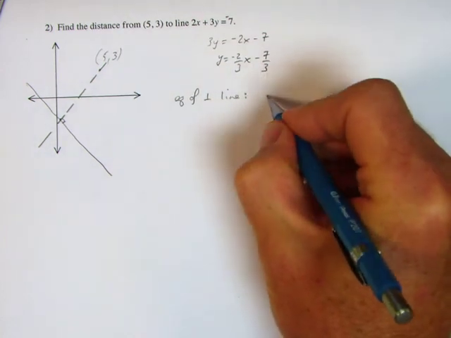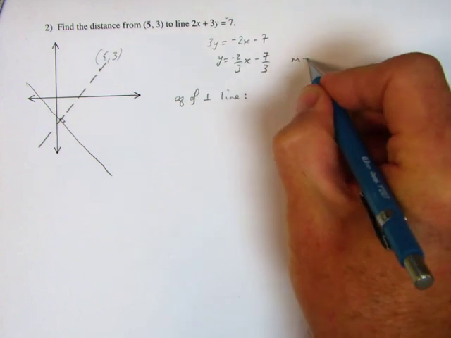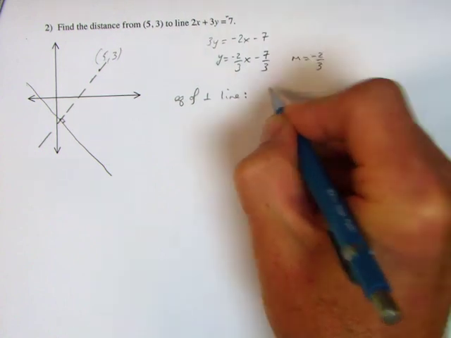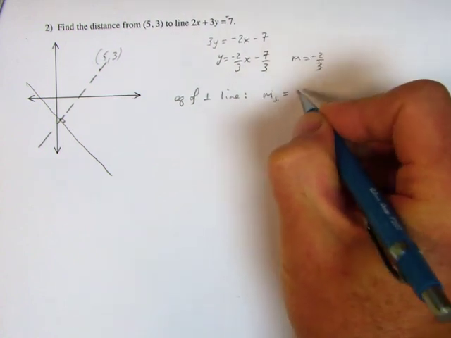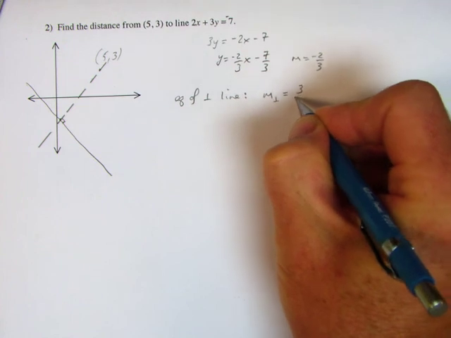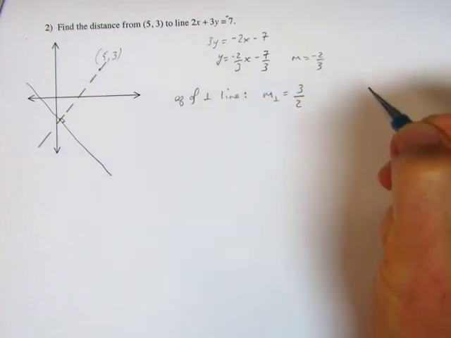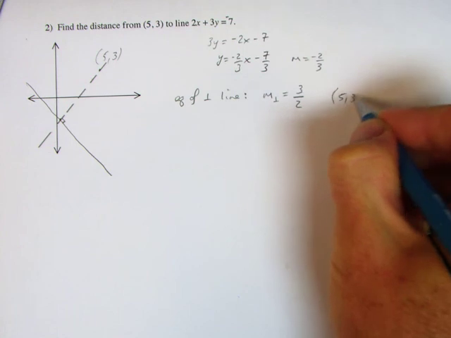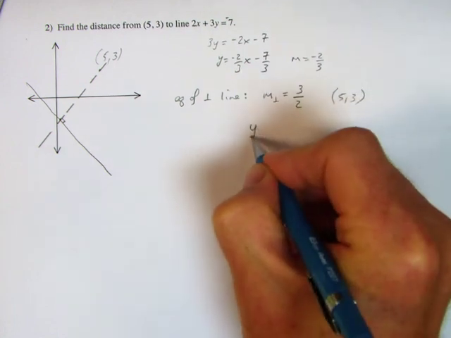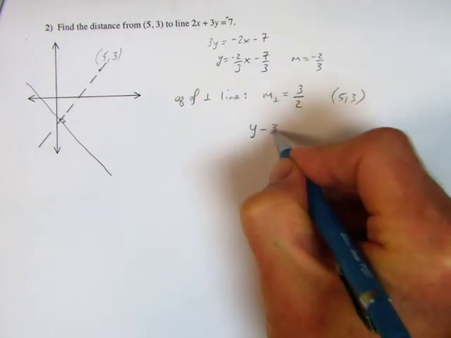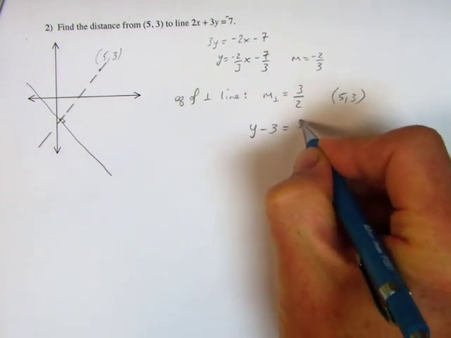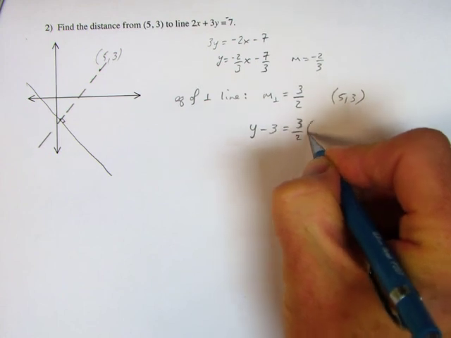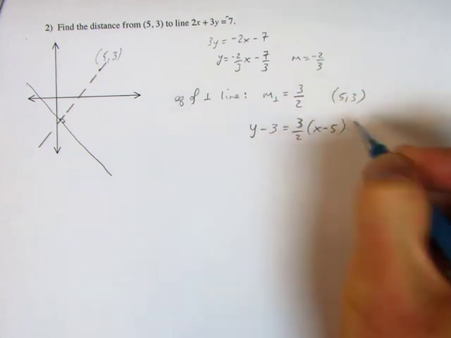We know the slope of the given line is -2/3, so the slope of our perpendicular line will be opposite in sign, so positive, and then flip the fraction. Now we have the point (5, 3), so we can write the equation. Again, let's put it into point-slope: y - 3 = 3/2 (x - 5).